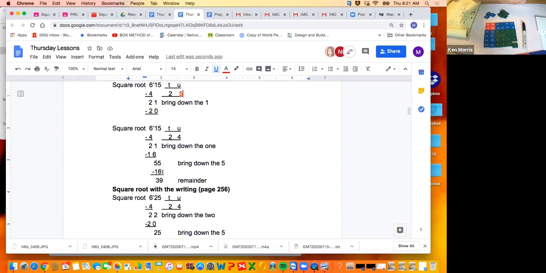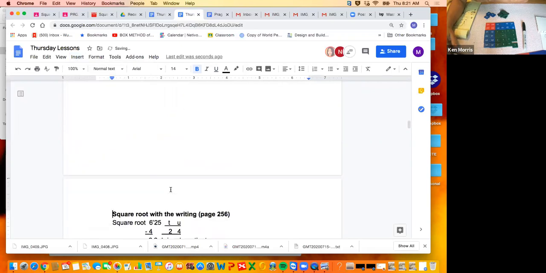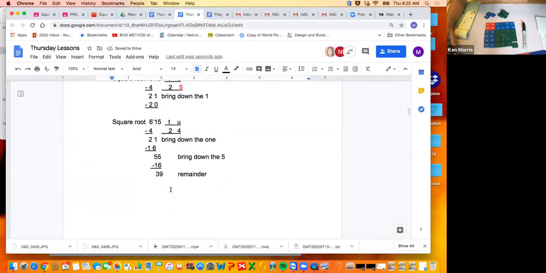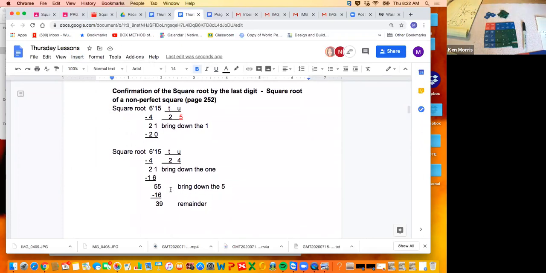I complete my square using up 16 of the 55 units, leaving me with a remainder of 39. Okay, so there it is. Any questions?